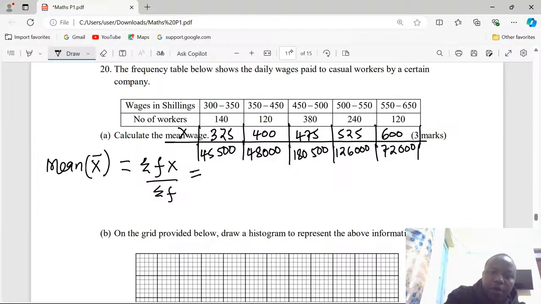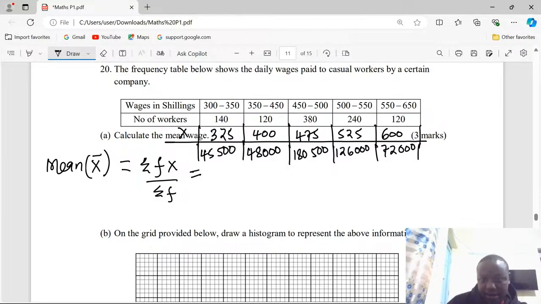Okay. Now we are going to add so that we may get the sum of f of x. We shall add all the values.